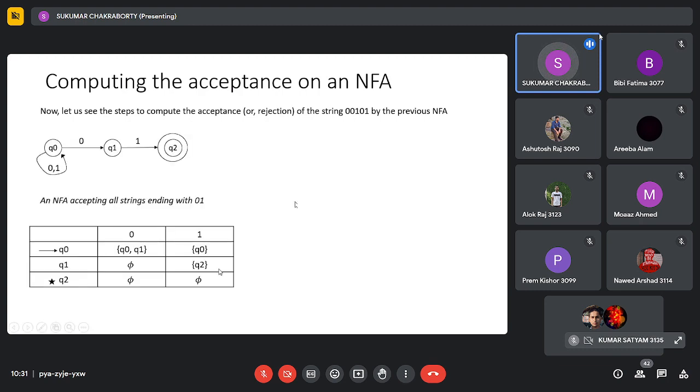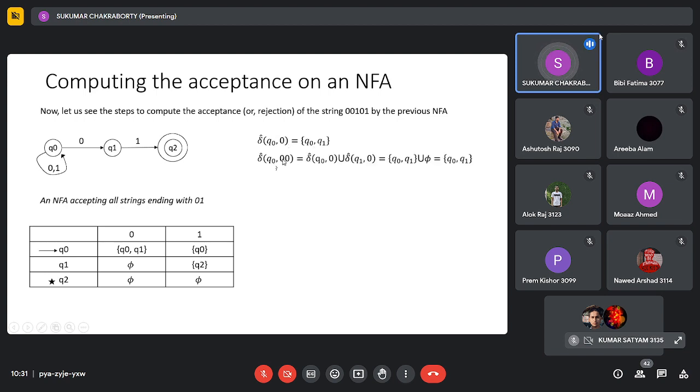So this is our transition function, and delta hat of q0, 0, the first symbol being fed is 0, and it returns q0 and q1, a set. Then I feed the next 0.